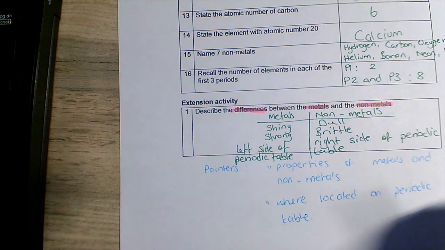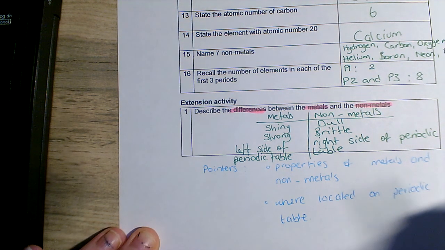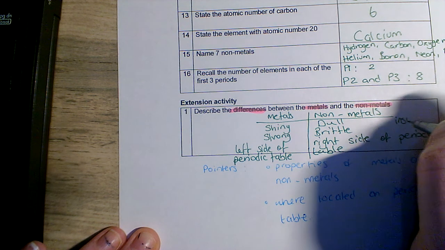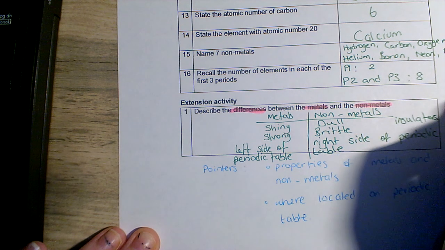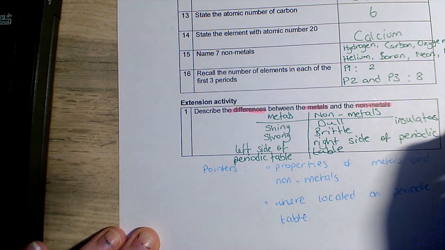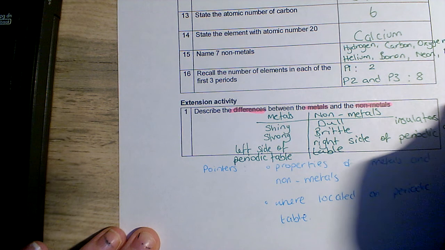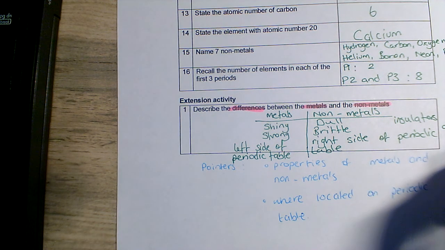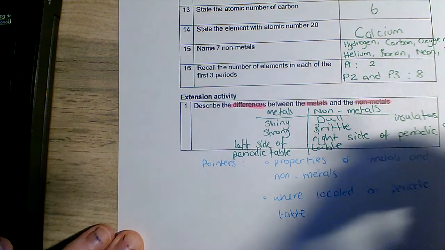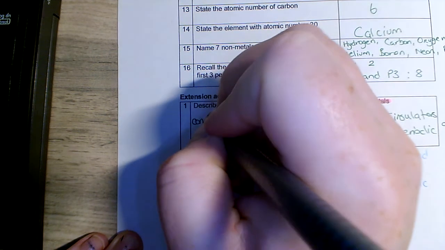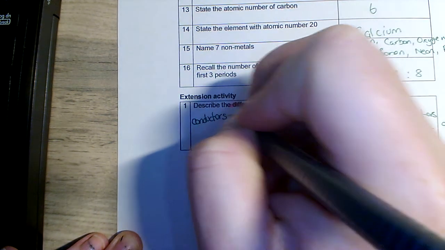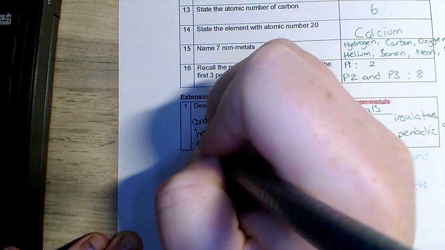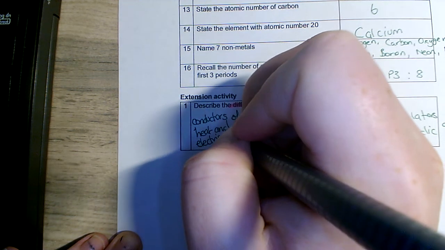Other properties that would have been accepted: non-metals are good insulators of electricity and heat, whereas metals are good conductors of heat and electricity.